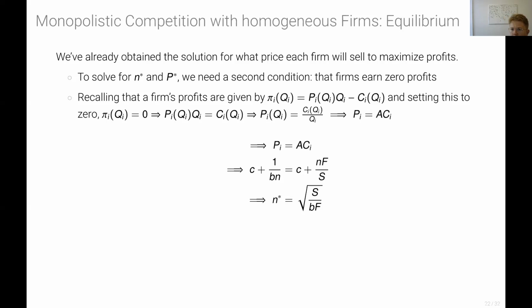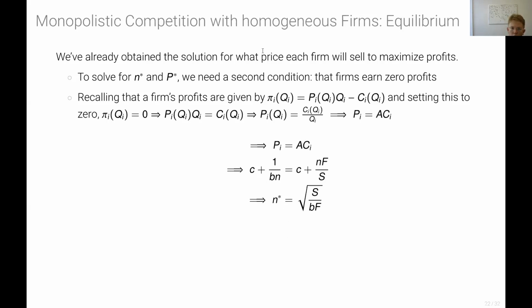And so when we want to figure out the equilibrium number of firms in our market, it doesn't depend at all on marginal costs. We can go through and do the algebra here, and what we'll find is that the equilibrium number of firms is n star equal to the square root of S over BF.